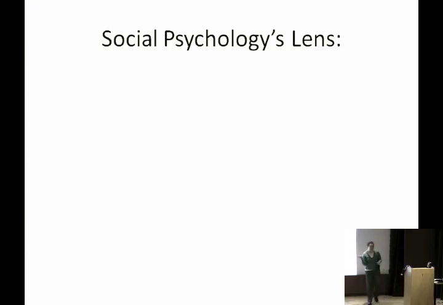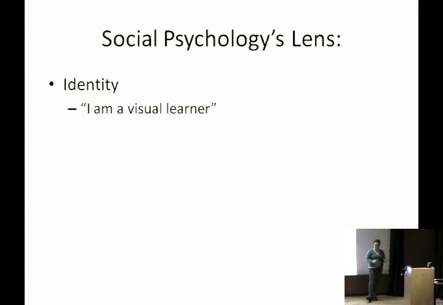We've got, first of all, the idea of identity. If you have a person's self-concept written out on a piece of paper, somebody might define themselves as, I am a social psychologist, I am an American woman, I am a vegetarian, or you might hear a student say, I am a visual learner.